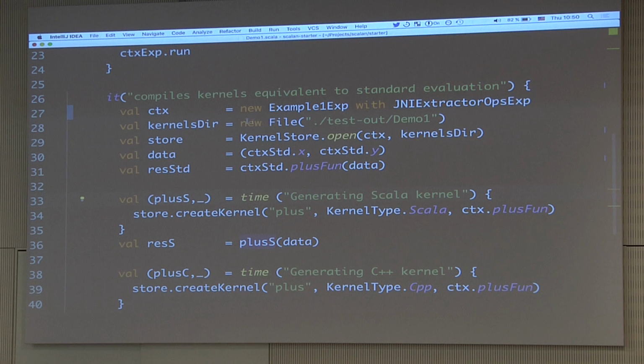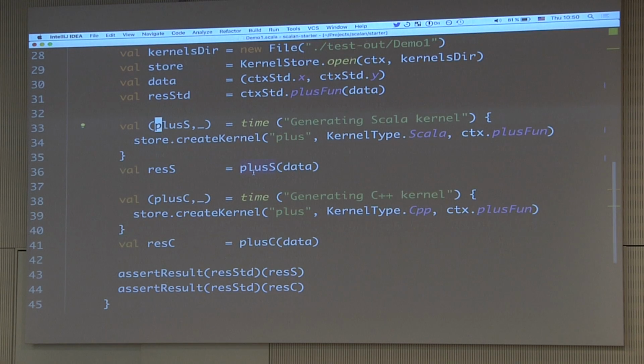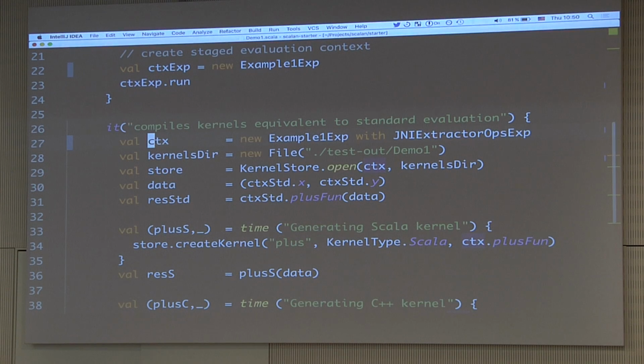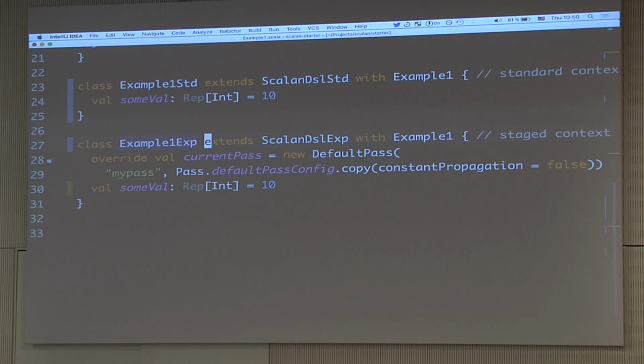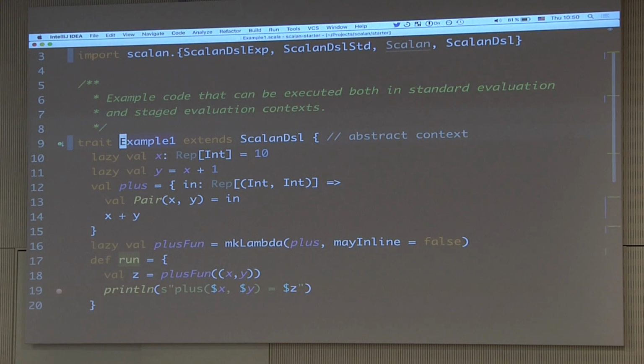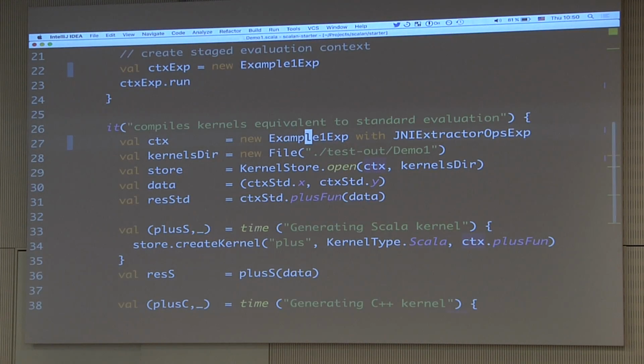And then we open some kernel store, providing some location where the kernel should be saved, for example, on the file system. And then we can use this function from our context. So this context, if we trace back, is our example X, which is our example here. So we trace back to this point.